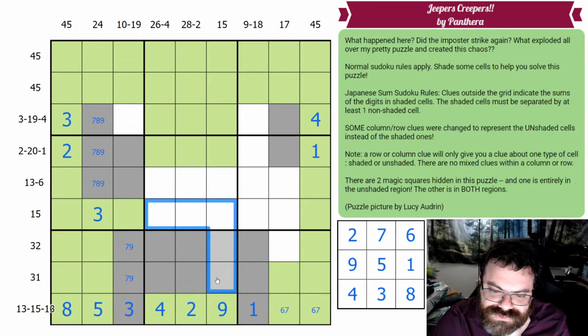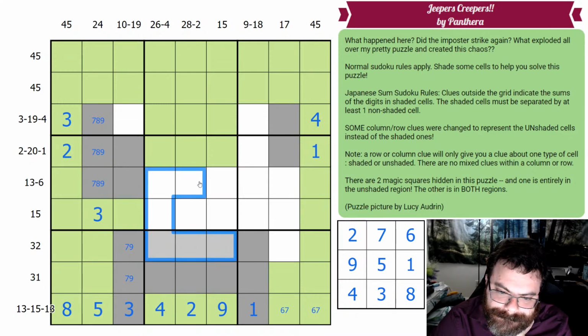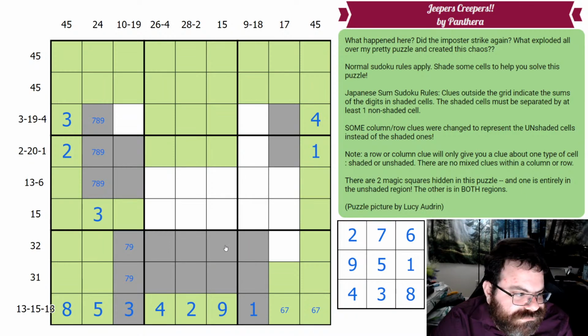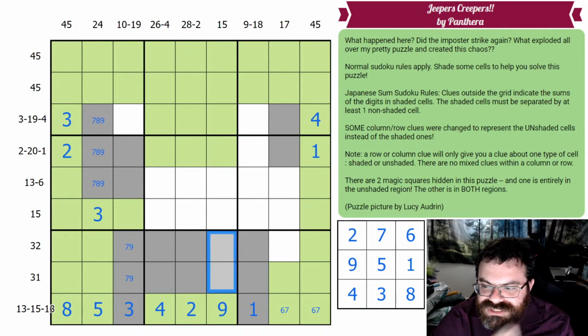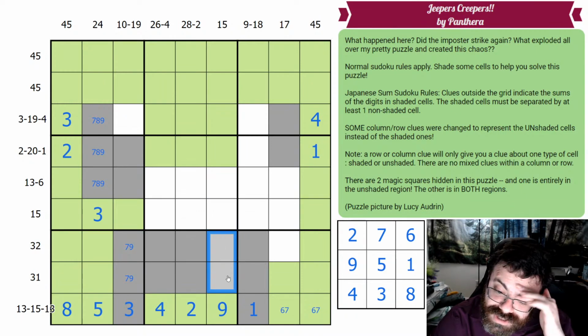I don't know if that's enough to prove that this is it, but also can't be here because of the two 15s. In fact, we know this 15 is, oh wait, if this 15 were too long, this would be a 8-7.